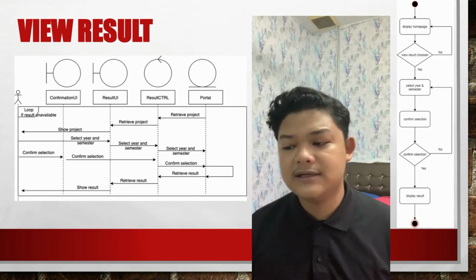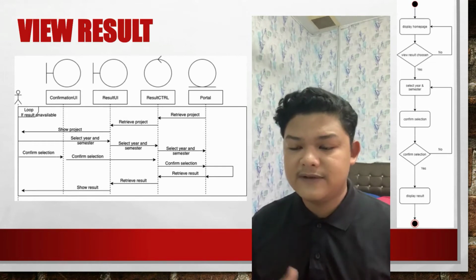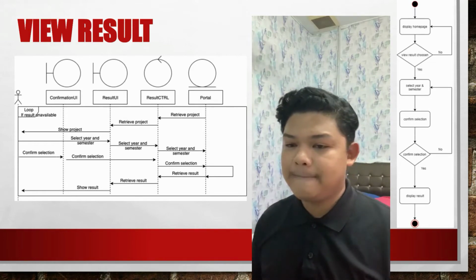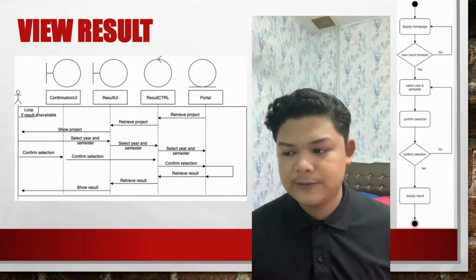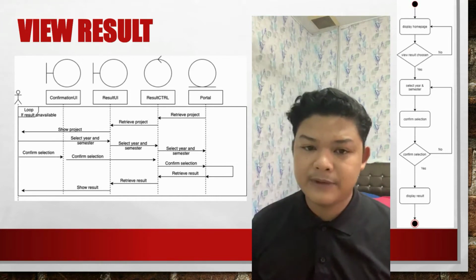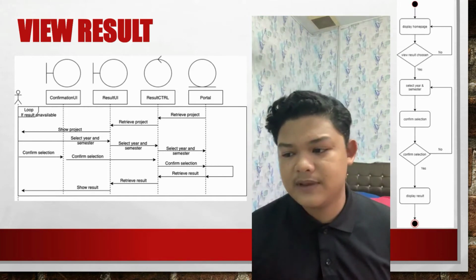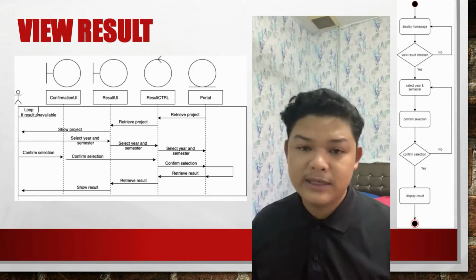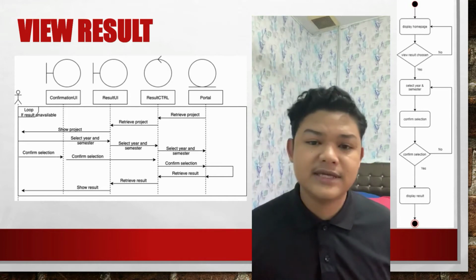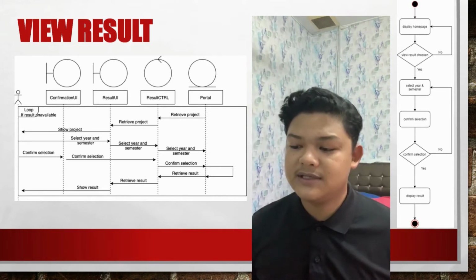Okay, next we go to see the flow of events. Firstly, the user, of course, after they log in into the main page, they must choose to view the result at the tab. Choose to view the result, and then we go to the page where the view result is. And the system will display the listed project, and user can select the year and semester to check their result.